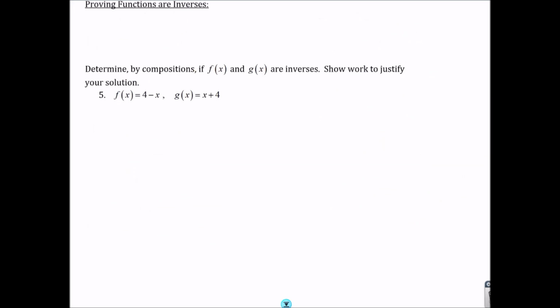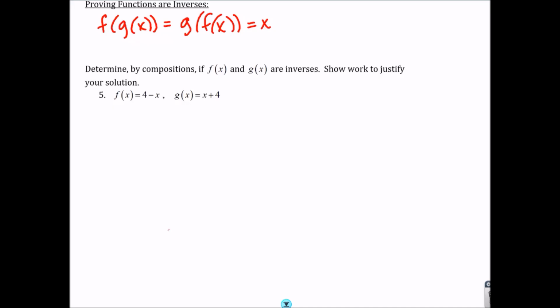But sometimes you are given two functions and asked to prove if they are inverses. To do that, you need to use compositions. So to prove that functions are inverses, both f of g of x and g of f of x have to equal x.